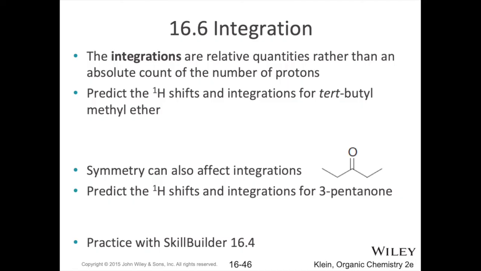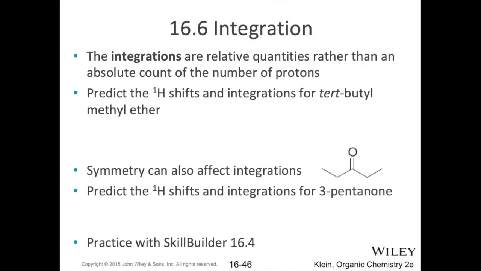So really, that's like 6 protons. I can't tell that just directly from my NMR spectrum without some more information. So when you're predicting chemical shifts and integrations, keep in mind that you're really looking at relative numbers when it comes to your integrals.